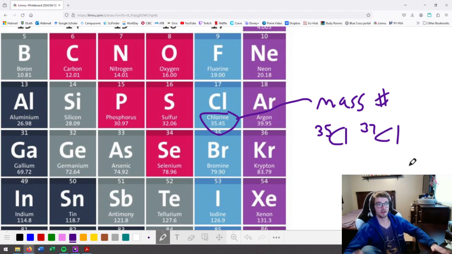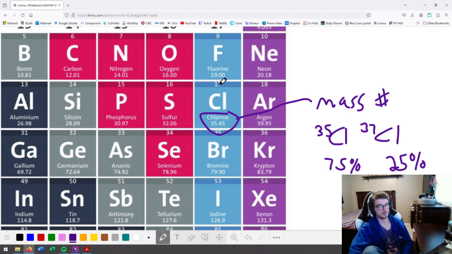And so there's a bunch of chlorine that has a total mass of 35, and there's some chlorine that has a total mass of 37.